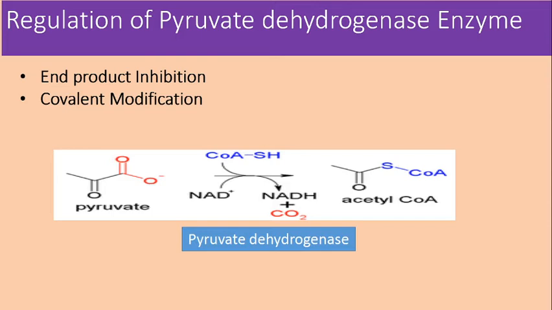Pyruvate dehydrogenase and glycolysis will be inhibited not only by a high energy potential but also when fatty acids are being oxidized. So this pyruvate dehydrogenase complex will get inhibited when fatty acids undergo oxidation.